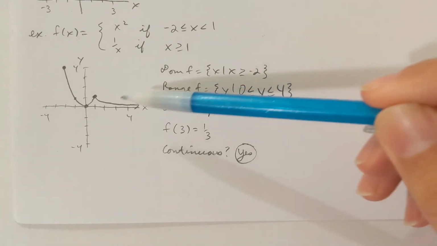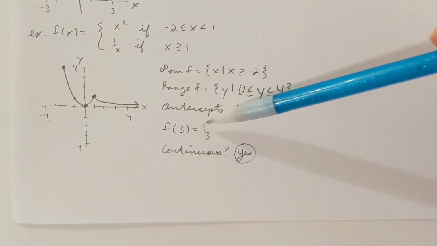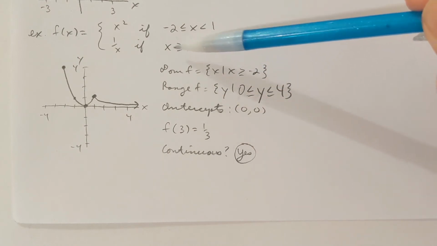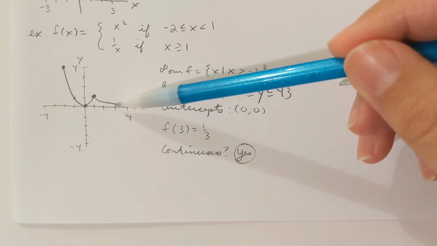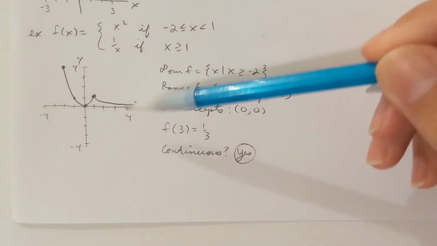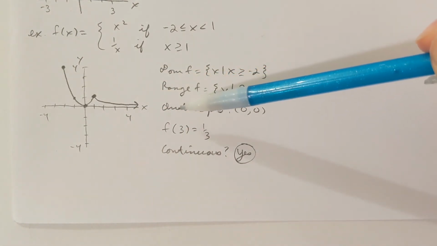The intercepts, there's only one of them, right at (0, 0). And f of 3 is equal to 1/3. Is (3, 1/3) there? Continuous? Yeah, it's continuous. So nowhere on the graph should I lift my pencil in order to completely draw the entire graph.